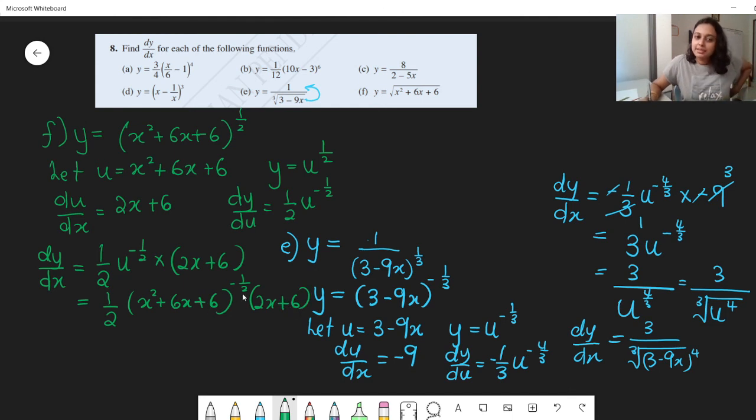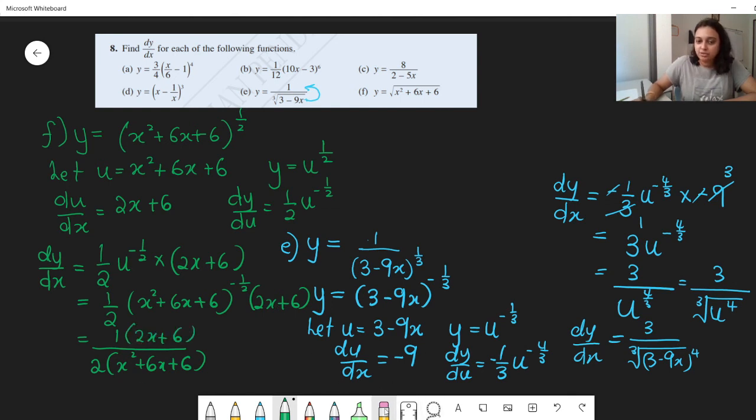Now bring this down, so you can write 1 over 2, x squared plus 6x plus 6. Up here you multiply with 2x plus 6, so you can write 2x plus 6 up.